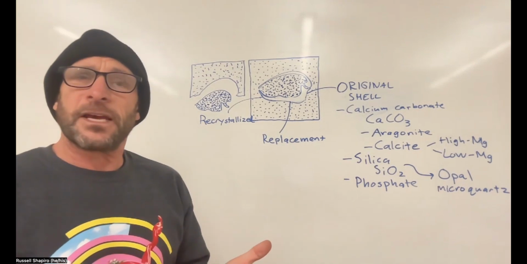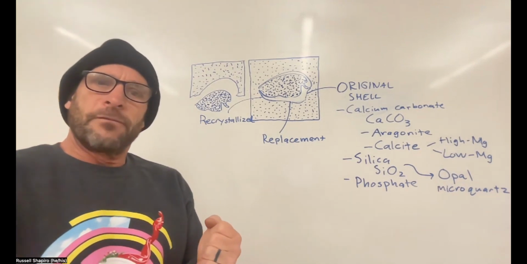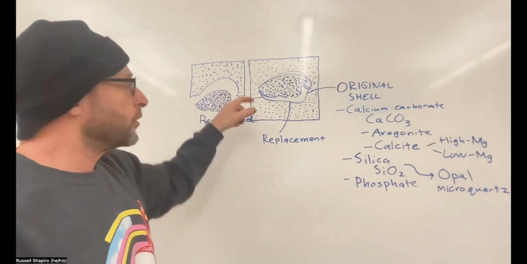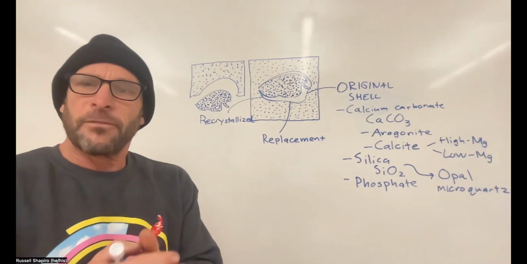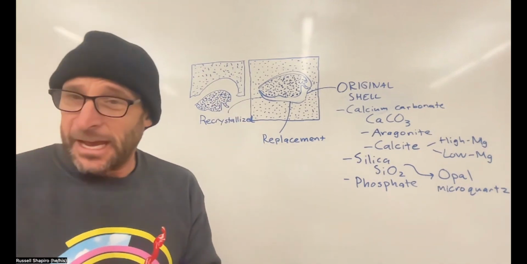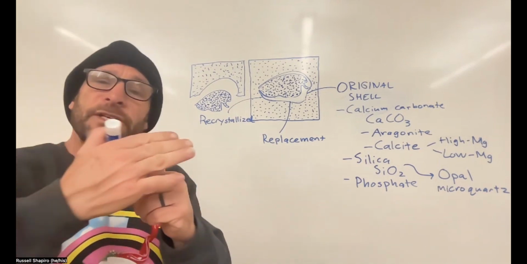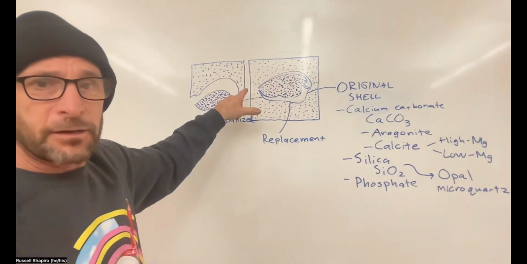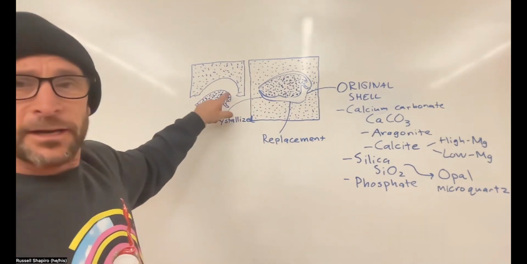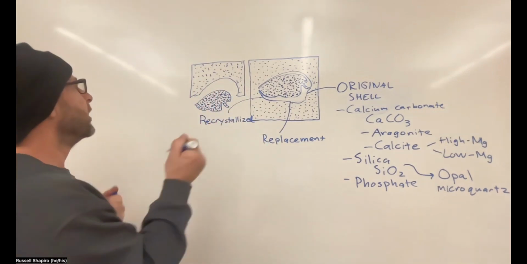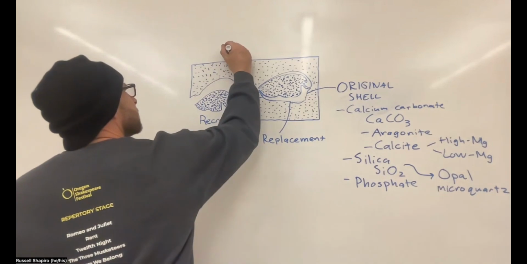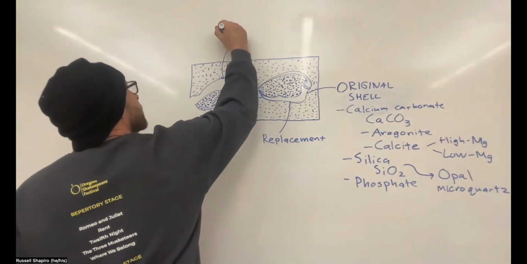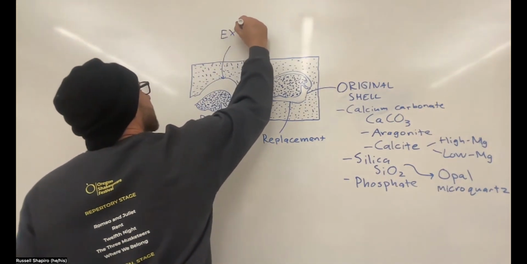And so what we've said is that on the inside of that rock surface, you can see a mold. My brain wants to say cast. It's not cast, it's a mold. We see a mold of either the outside surface of the shell or the inside surface of the shell. In the first case, that's known as an external mold.